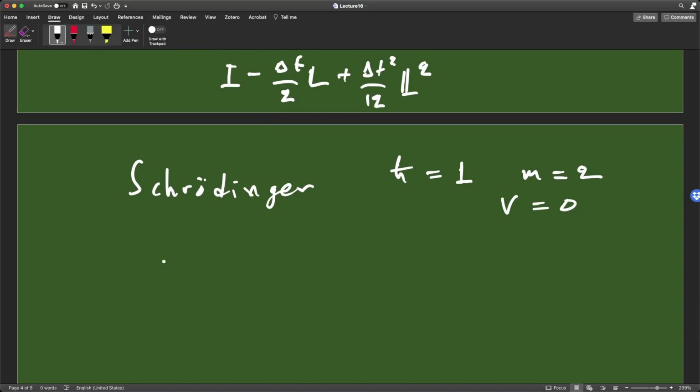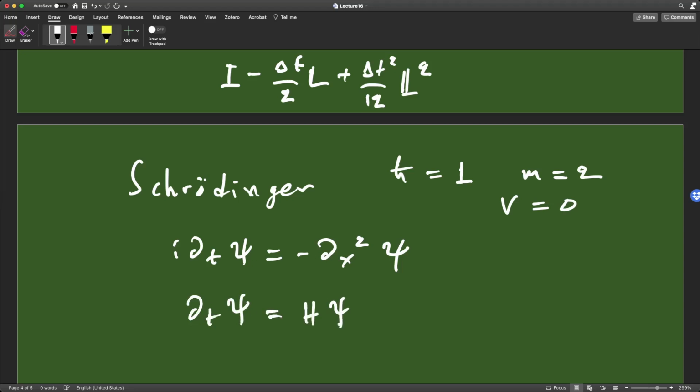Then, just for the sake of simplicity, the Schrödinger equation is of this form. Or in other words, it's of this form where H is a linear differential operator involving a second derivative.